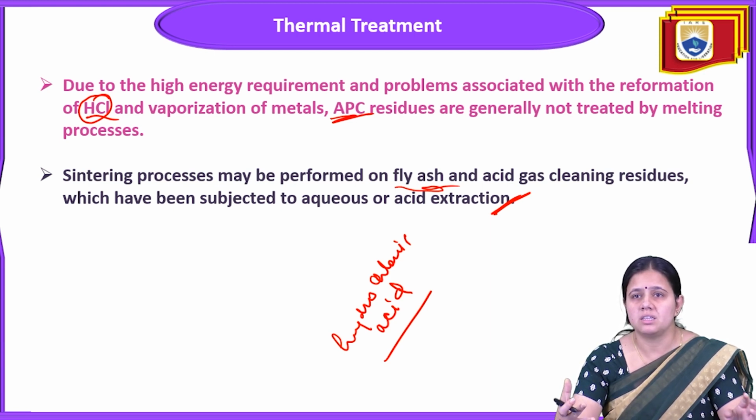So in the thermal treatment, very high energy is required, hydrochloric acid will be formed, and some metals vaporize, so these air pollution control residues are not treated by melting processes. The next point is that the sintering process can be performed on fly ash and acid gas cleaning residue which have been subjected to aqueous or acid extraction.